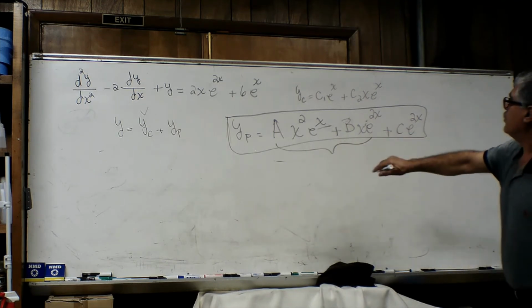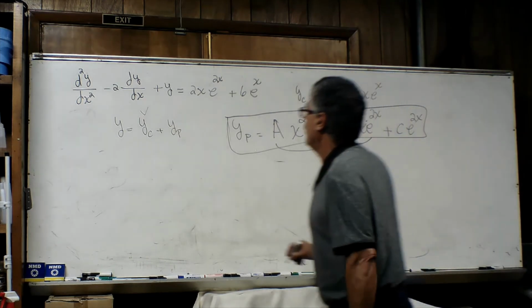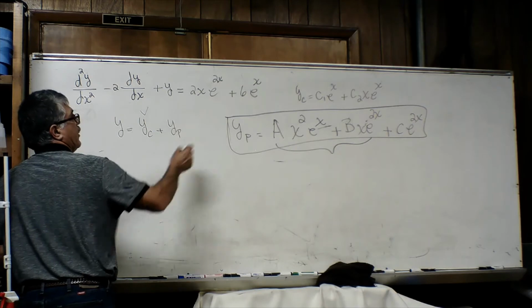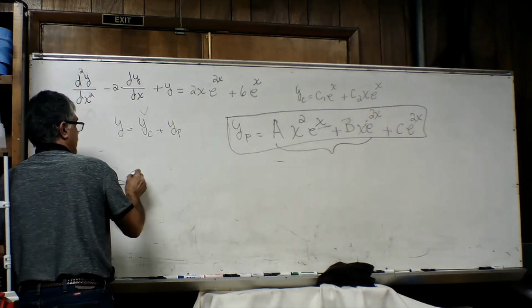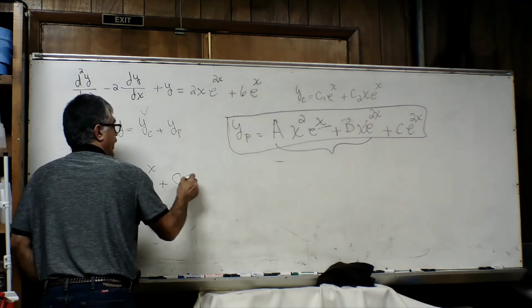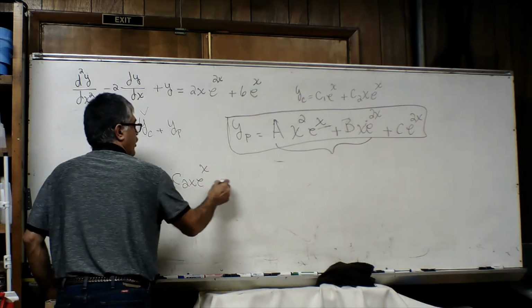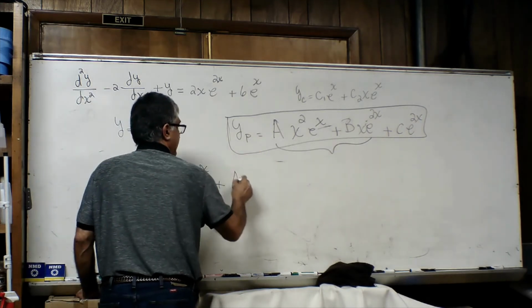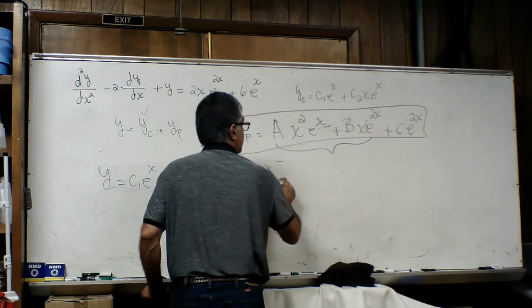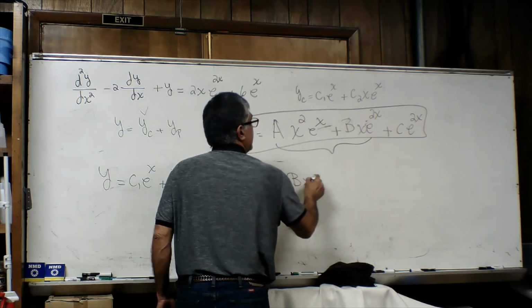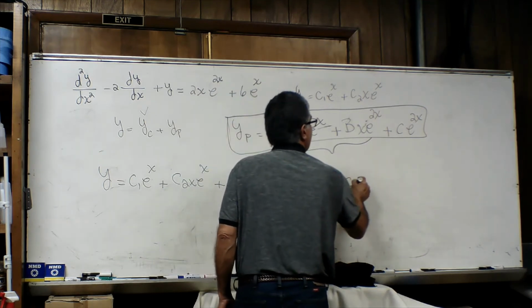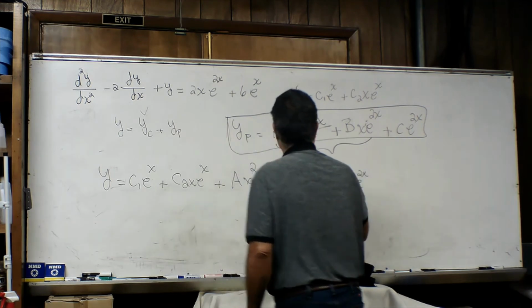So our general solution y will be yc, c1 e to power x plus c2 x e to power x, plus yp, a x squared e to power x plus b x e to power 2x plus c e to power 2x.